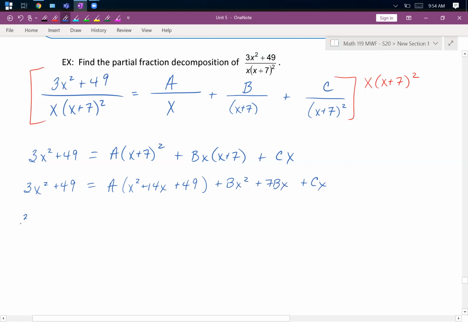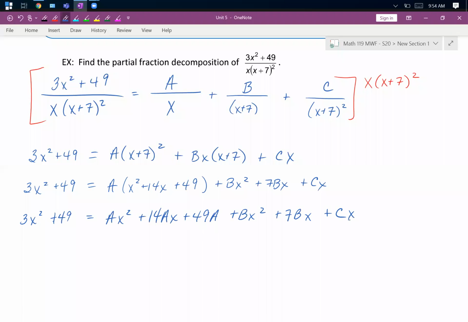Distribute my A. All right, now we want to rewrite our right side in descending order, grouping our x squared terms, our x terms, and our constant terms.